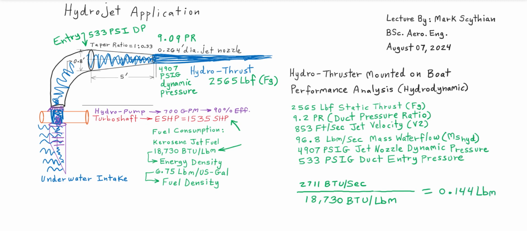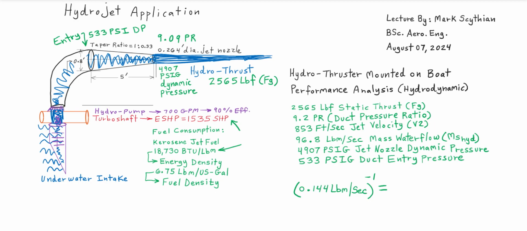This comes to 0.144 pounds per second kerosene jet fuel consumption. And then if we find the inverse or the reciprocal of that value, every 6.9 seconds, 1 pound of kerosene jet fuel will be consumed.